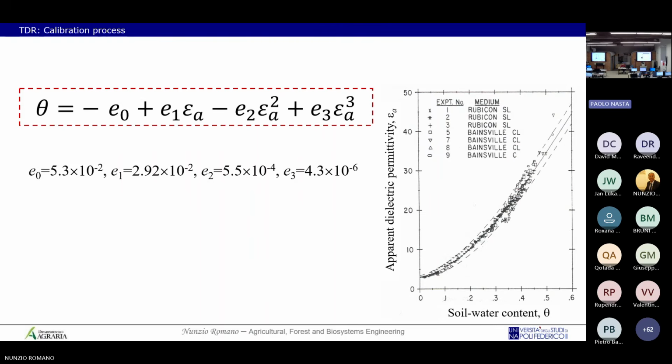Consider that there are impacts of temperature and electrical conductivity on the permittivity water content calibration. So this is another debate, a very interesting discussion, and there is still room to progress on this topic, on the calibration of sensors in general.